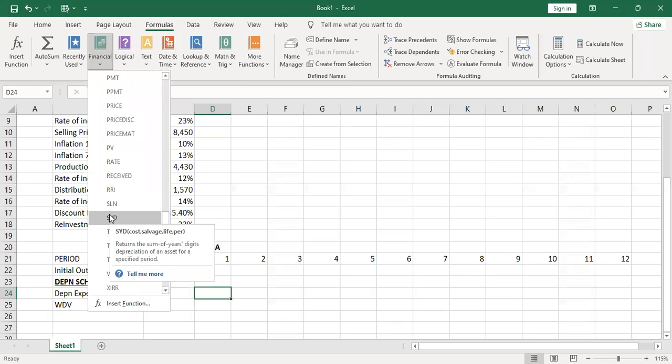Period. So click on formulas, financial, and then you look for SYD.